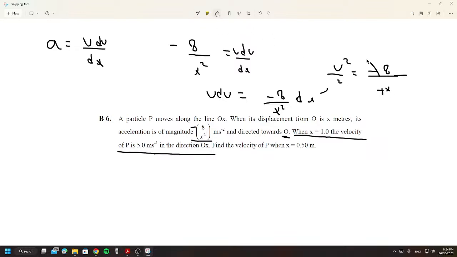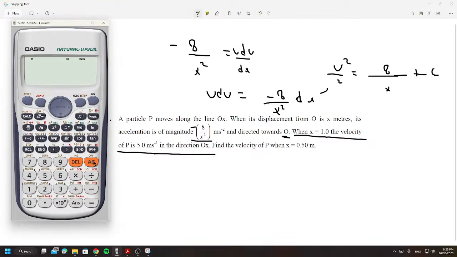So it cancels. So basically 8 over x, plus c. I hope I'm doing this right. Now we're going to solve to find c. Velocity is 5 squared over 2, which is equal to 8 over x.